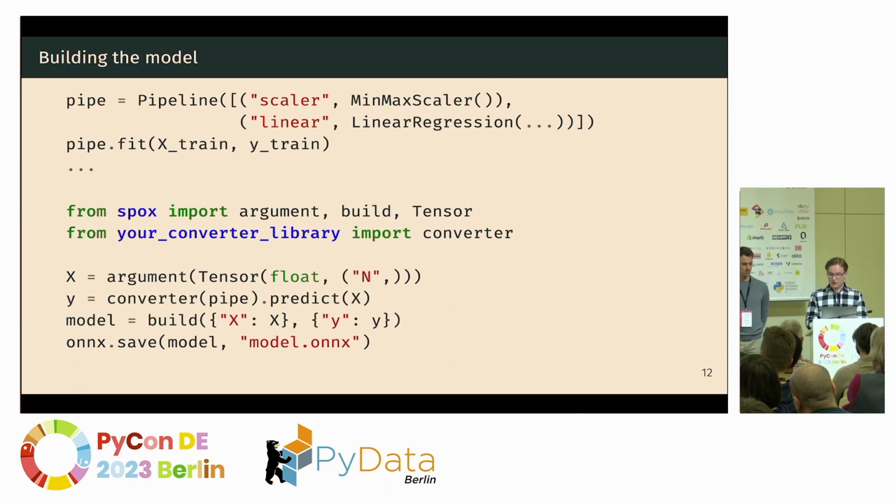And the way Spox allows you to wrap this up is you say, OK, my model inputs, my argument essentially, is this x. I'm going to call it x. We have to say, since in the model we say, oh, these are the inputs you have with these names, and these are outputs you get with these names. And in build we say, OK, x is my model input, y is my model output, and model becomes this special Onyx object representing the computation, representing the model.